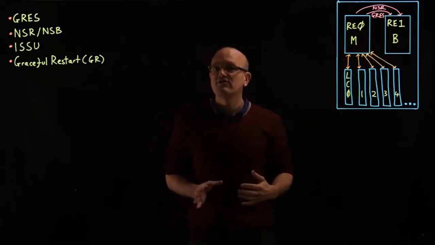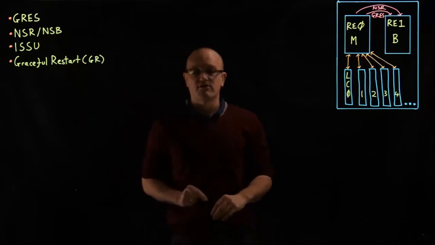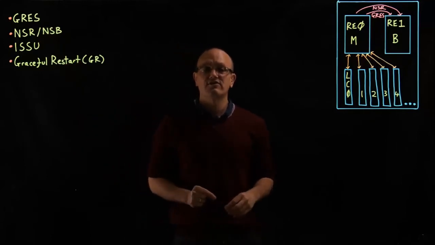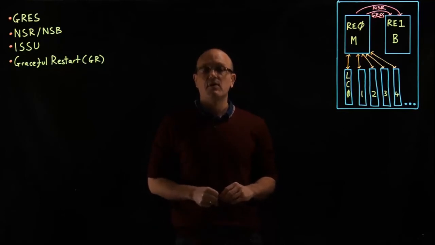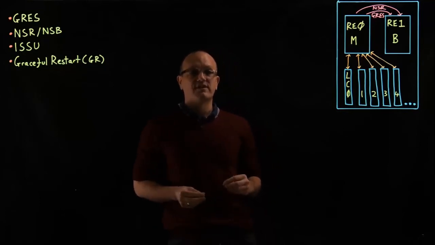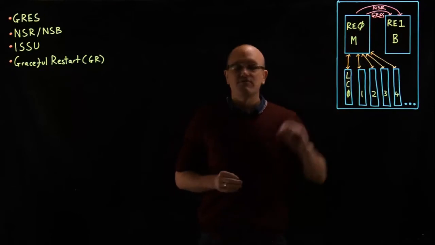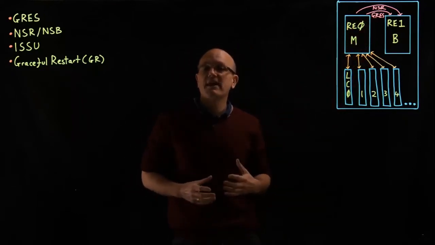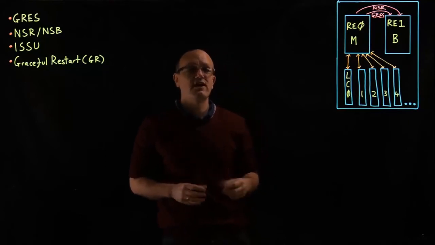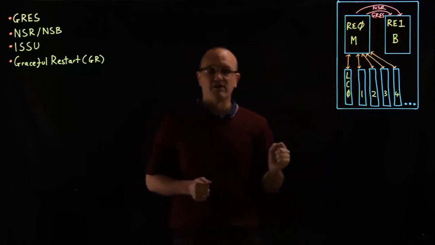The first is to use the GRES protocol. This is Graceful Routing Engine Switchover, and it's a Juniper proprietary protocol. So what we're doing here is that in a multi-routing engine chassis, the master routing engine is propagating the interface and kernel state to the backup routing engine.